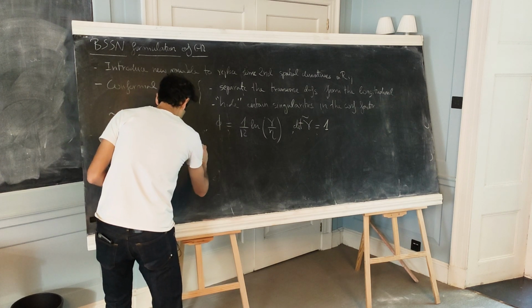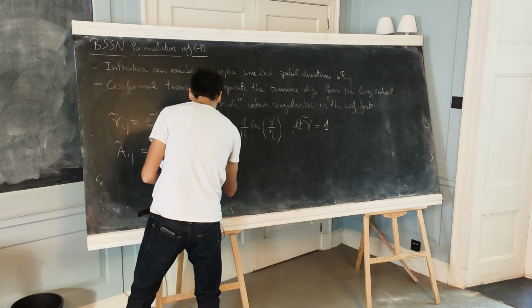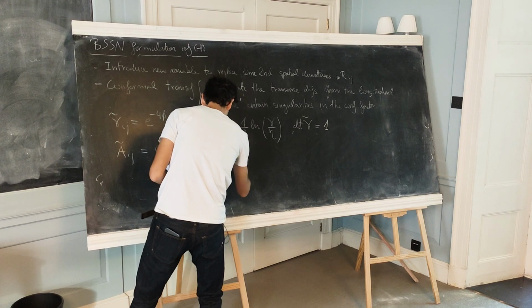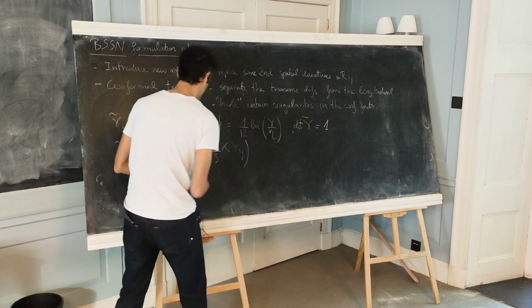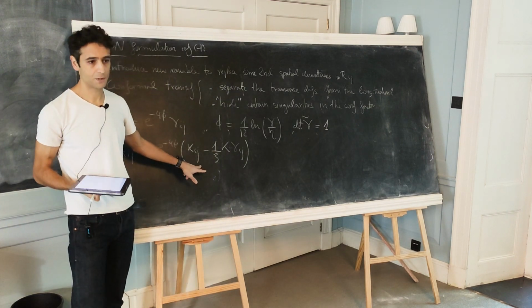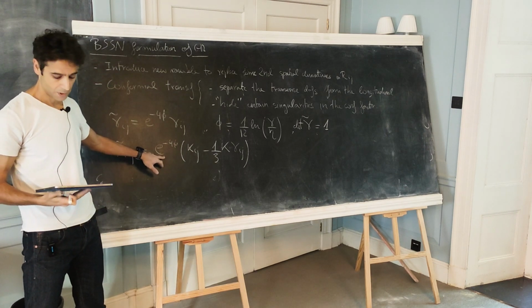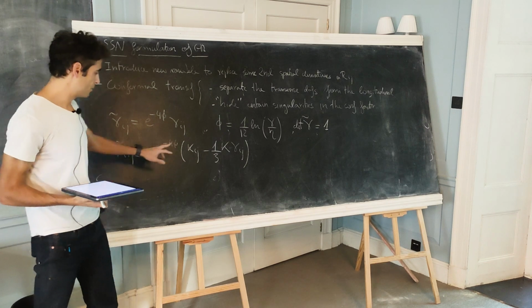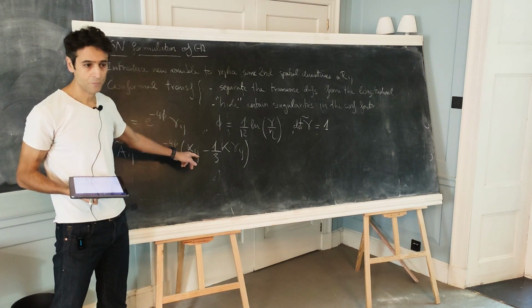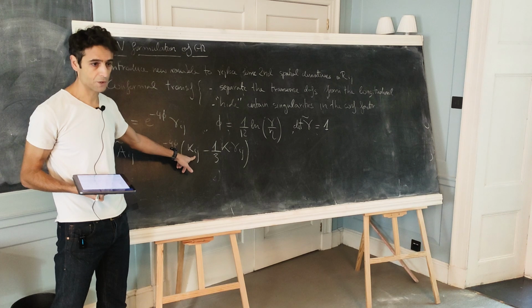So this part is the traceless part of the extrinsic curvature, and now we rescale it by the same factor. Okay? And again, ADM equations give you the evolution equation for the extrinsic curvature.